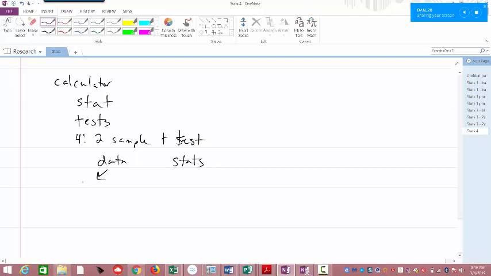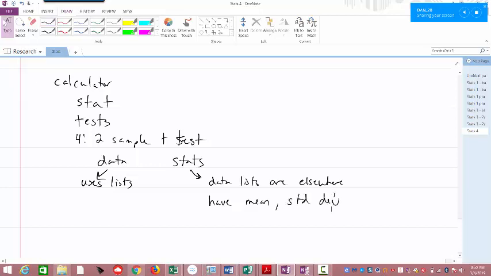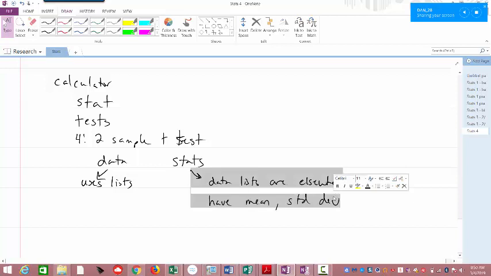When you have data, it uses lists. So if you have entered your data into list 1 and list 2. Stats is like your data lists are elsewhere, and you have the mean and the standard deviation, and you're just going to enter that.